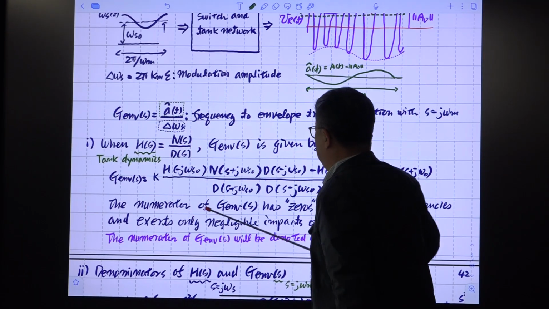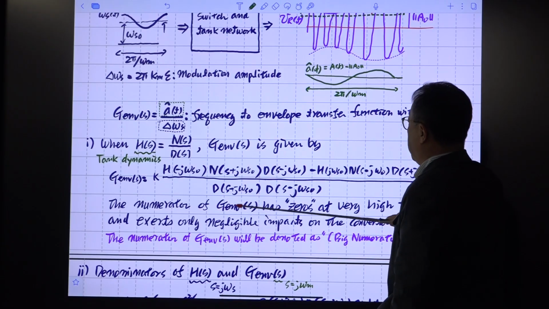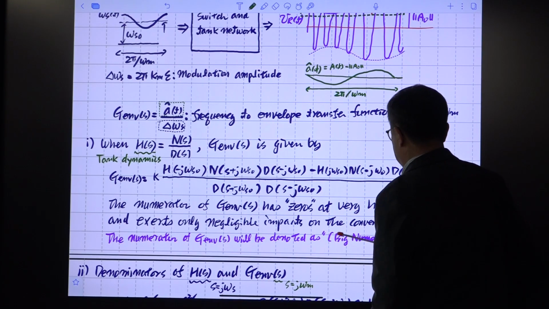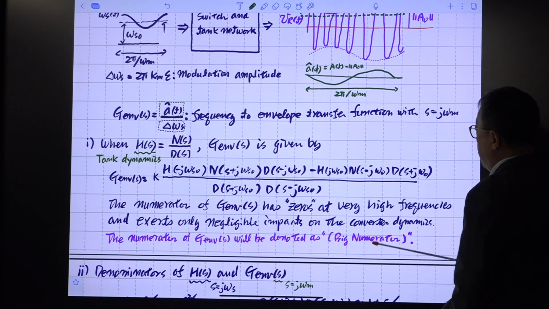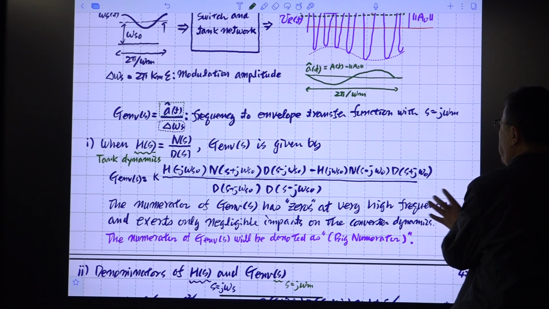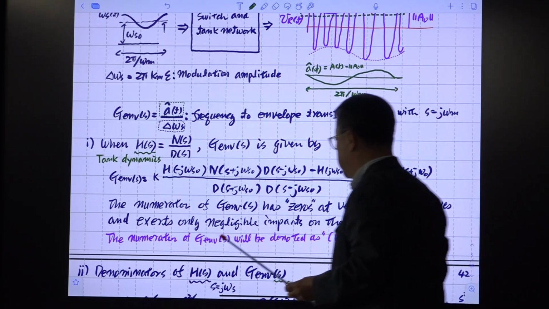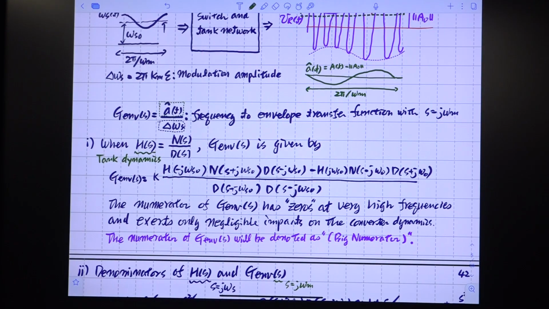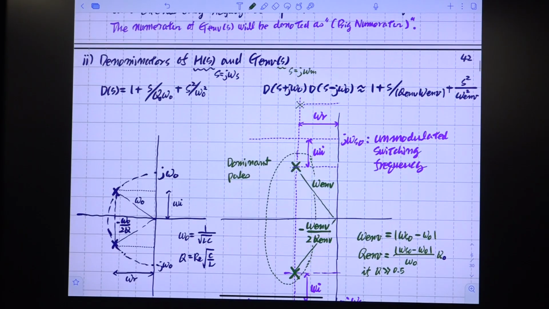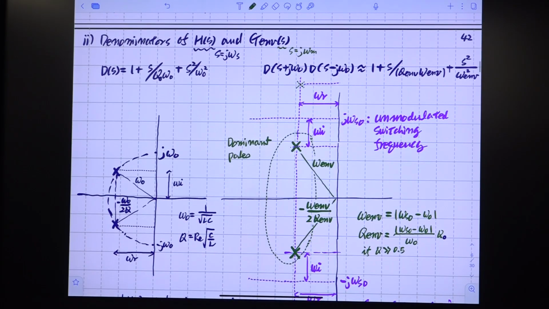Okay, so I wrote down here the numerator of this one. We call it the big numerator. It only provides zeros at very high frequencies, and can be ignored for the dynamic analysis. So our only concern here is the denominator of this equation, the G_ENB equation. This is the final result, our direct modeling approach.